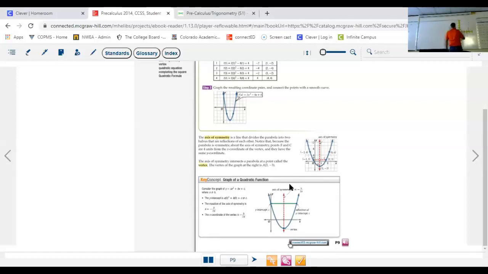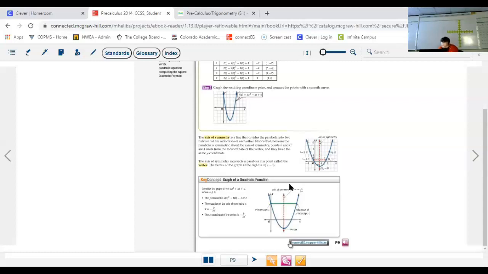Take a minute and analyze that while I'm erasing, and we'll go. Okay, so it says key concept, graph of quadratic function. Consider the graph of y equals ax squared plus bx plus c, where a cannot equal 0. The y-intercept will always occur when x is equal to 0.